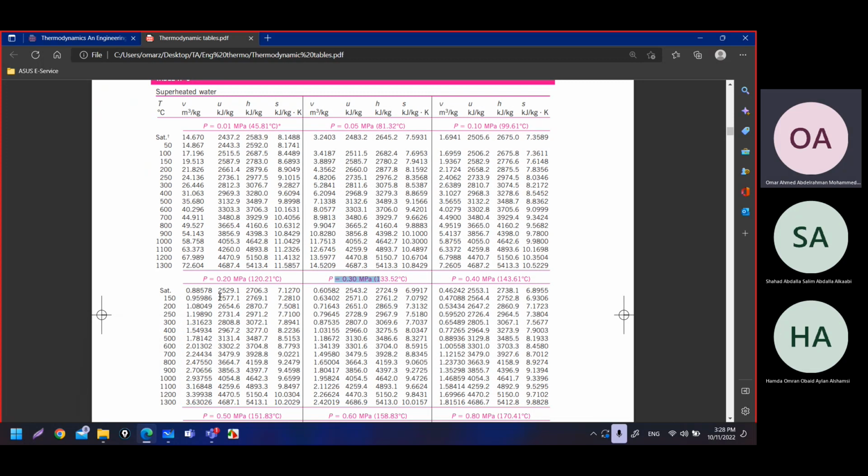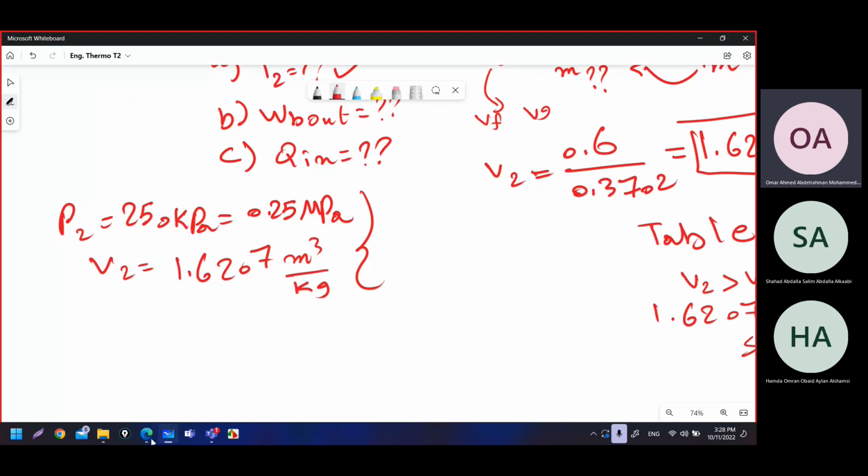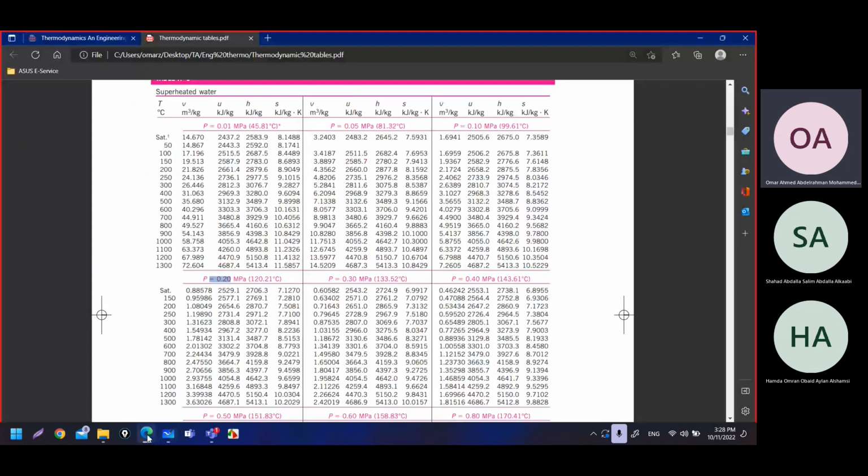You will search for your specific volume value under this pressure, 0.2, and you will find that v2, 1.6207, is between these two numbers. And you will do interpolation between these two numbers and the temperatures 400 and 500.